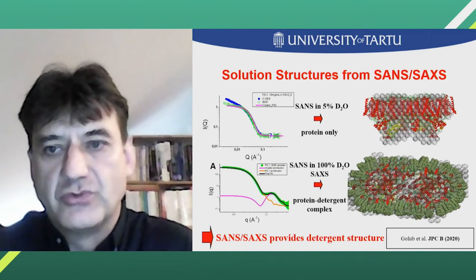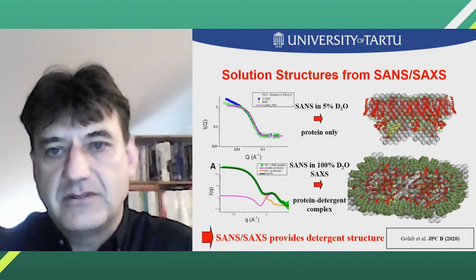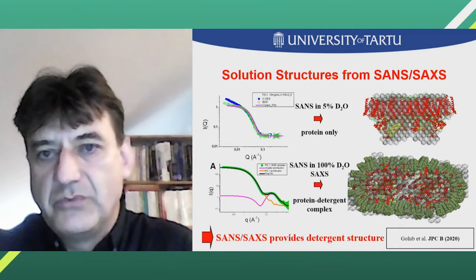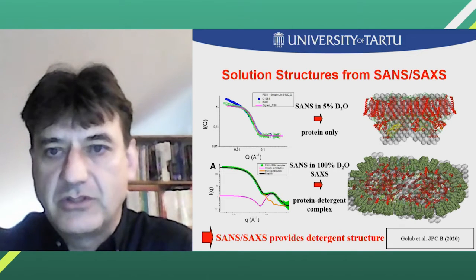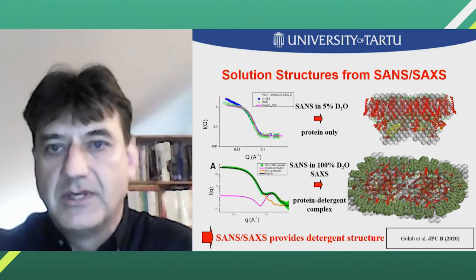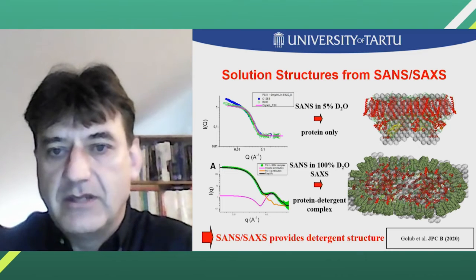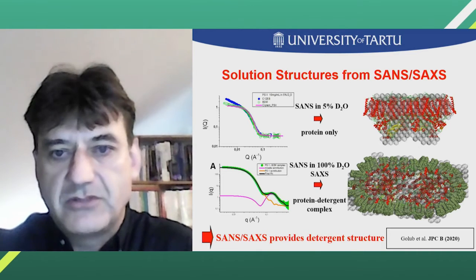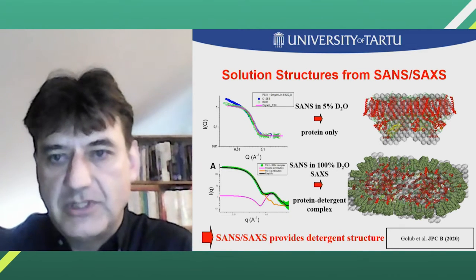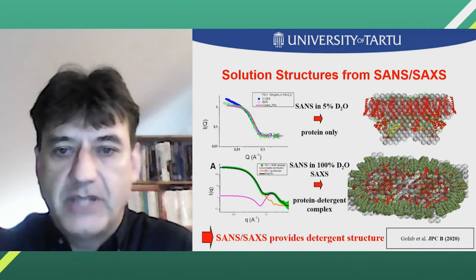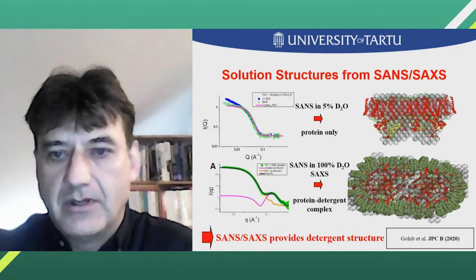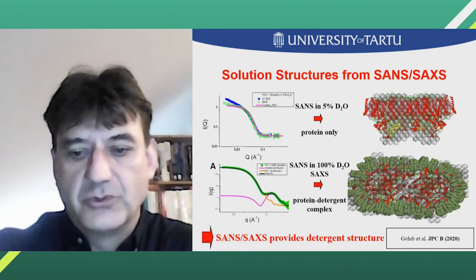And this slide shows you the differences in the results that you get and in the data. In the first case, with 5% D2O in the solvent, we match the hydrophobic chains of the detergent molecules, which means we selectively see the protein, while in the second experiment with 100% D2O or with small angle X-ray scattering, we see the envelope of the protein with its detergent belt, and we can model a monomolecular belt of detergent molecules around the photosystem.